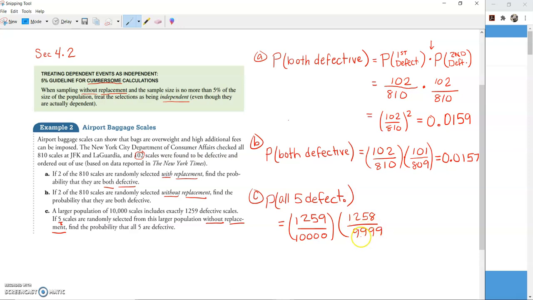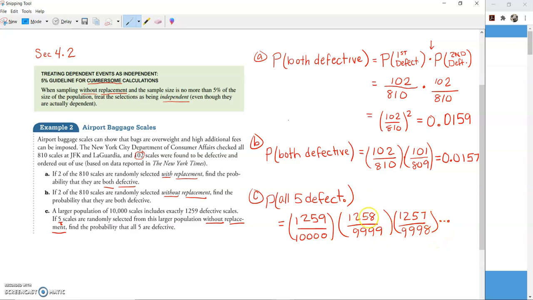Is that right? Yes. And then it goes down again, 1,257 out of 9,998. And you see how this would be cumbersome. Having to do 5 of these fractions, having to change them each time, it's a lot. It's a pain.